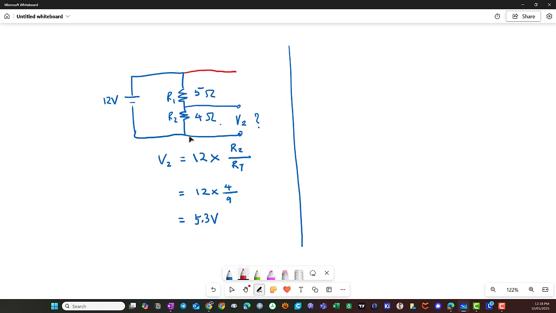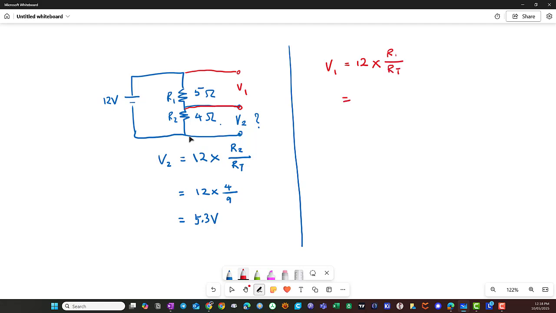Now what happens if I want to find V1 instead? If I want to find V1, we use the same principle. V1 is equal to 12 volts multiplied by R1, the resistor that V1 is across, divided by R total.